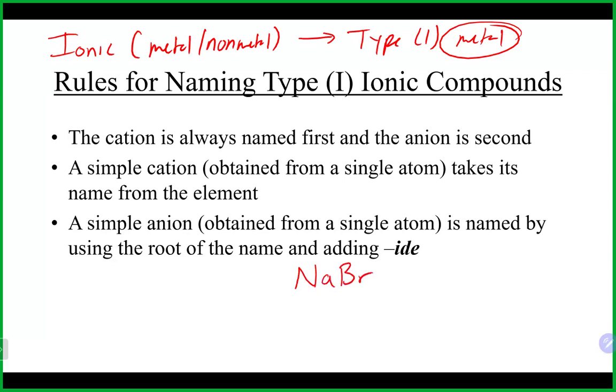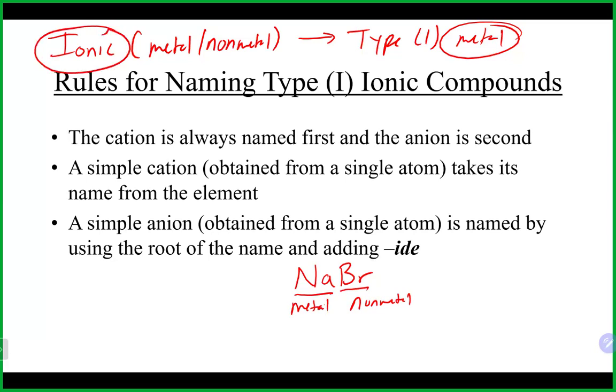So the good news is if you had something like that, let's just say we had, again, our NaBr. When I look at NaBr, the first thing I want to look at is Na is sodium. That is a metal. Br is bromine, which is a nonmetal. So that tells me it's ionic.